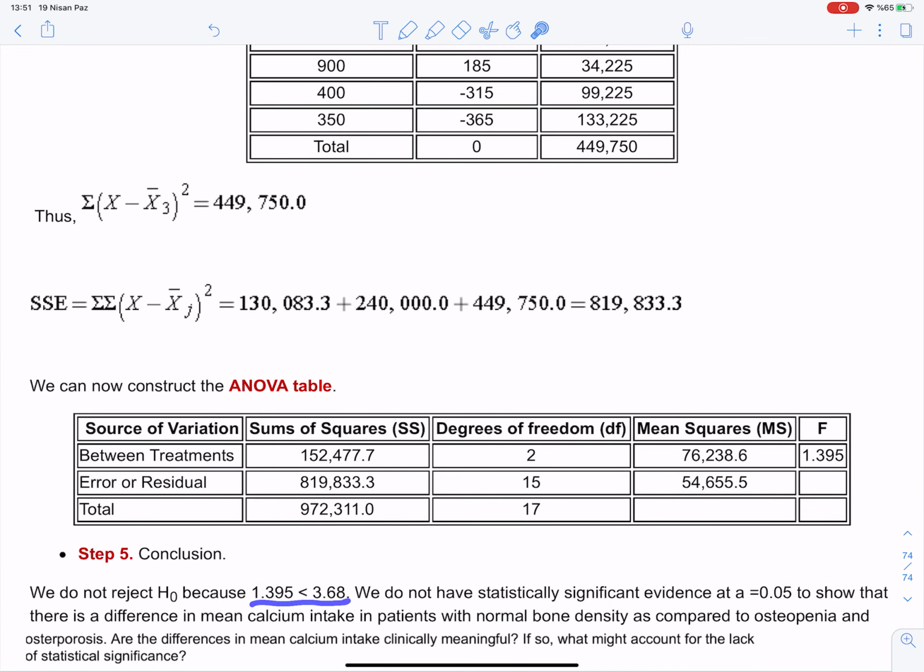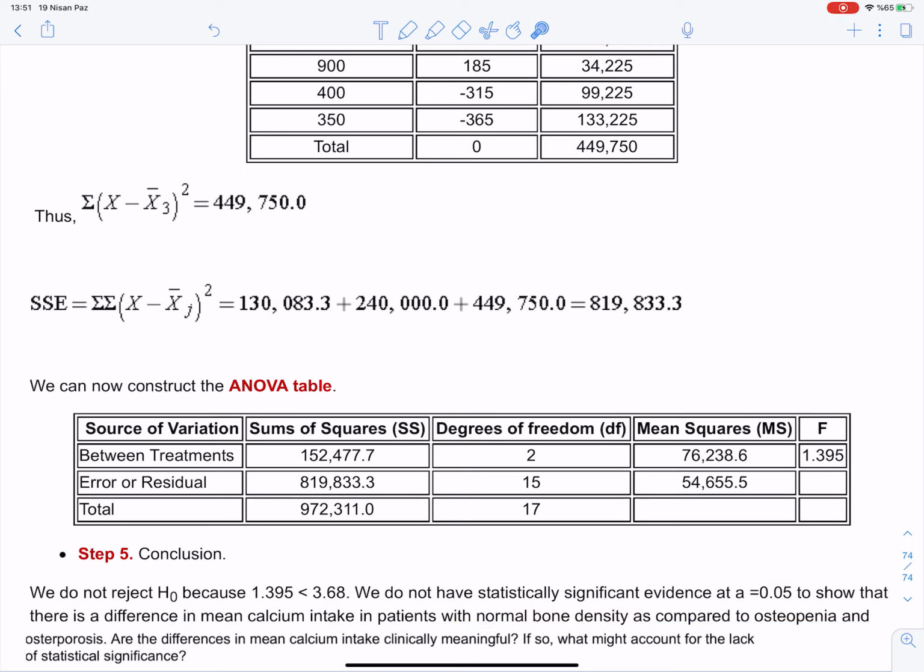It's not greater, so we do not have statistically significant evidence at 0.05 to show that there is a difference in the mean calcium intake in patients with normal bone density as compared to osteopenia and osteoporosis.